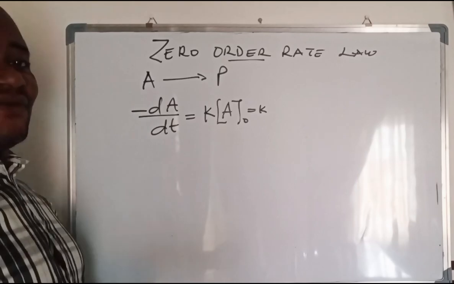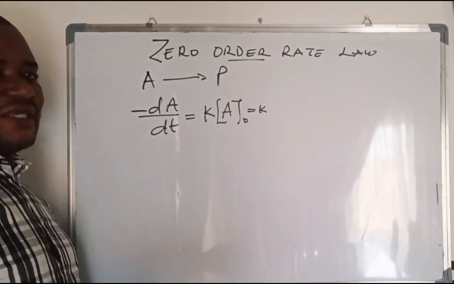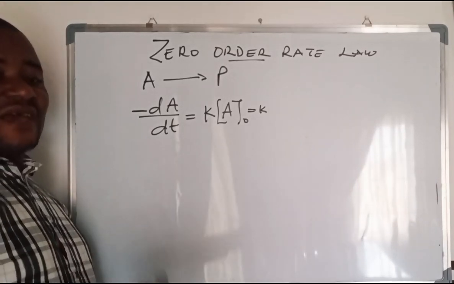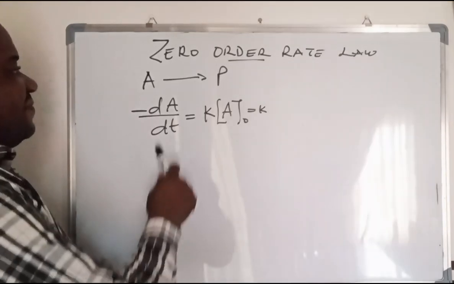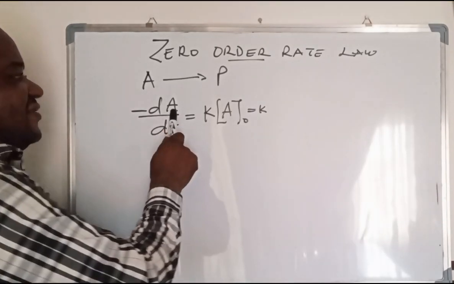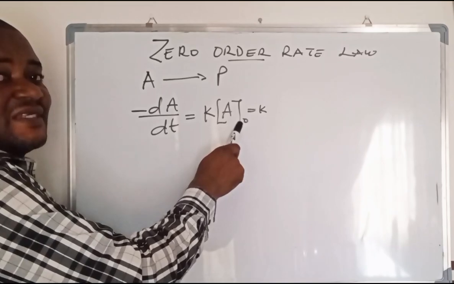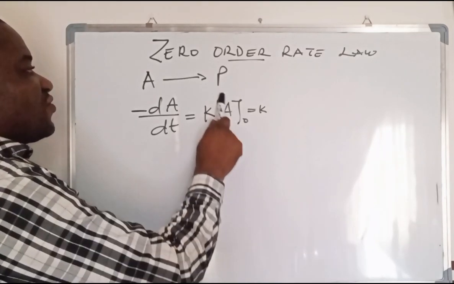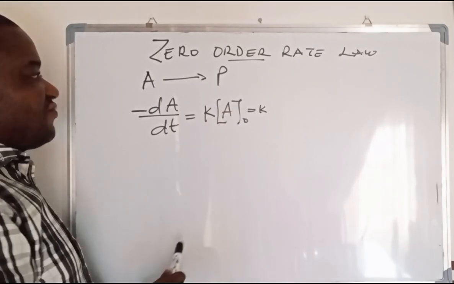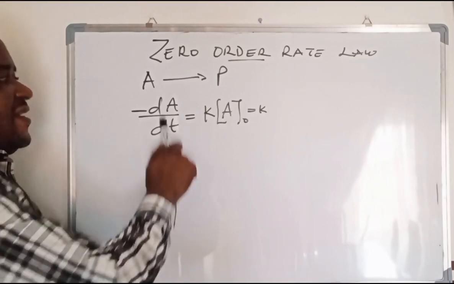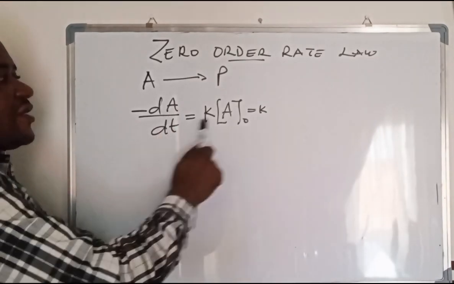Remember that the rate of reaction has much to do with the concentration of reactant with respect to time. And then this is the reactant, while this is the concentration of the reactant at zero order. Now, once you have this bracket, it means it's concentration. We are not interested in the reactant itself, but the concentration.